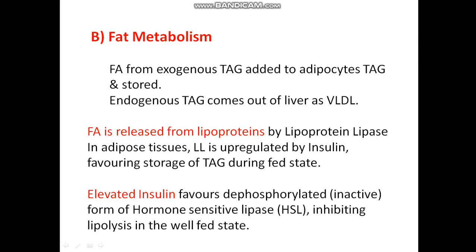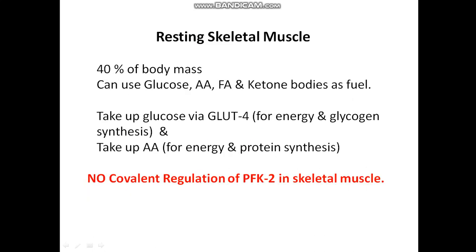Resting skeletal muscle, that is about 40% of body mass, can use glucose, amino acids, fatty acids and ketone bodies as fuel. It takes up glucose via GLUT4 for energy and glycogen synthesis, and takes up amino acids for energy and protein synthesis.